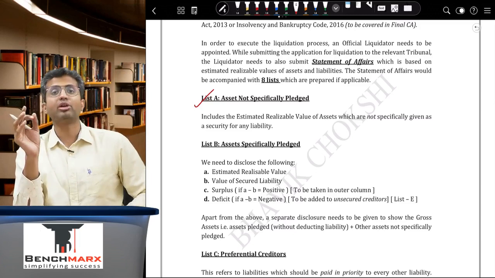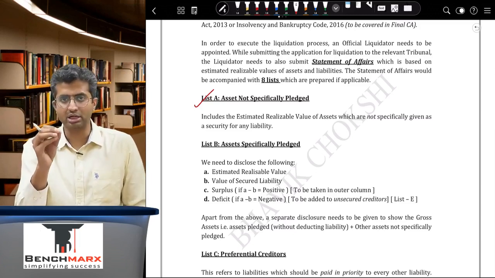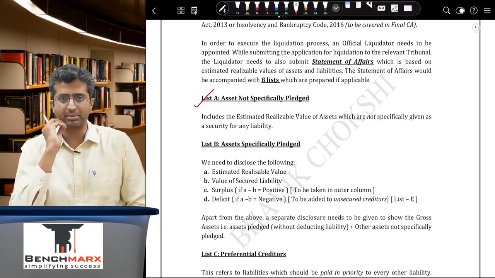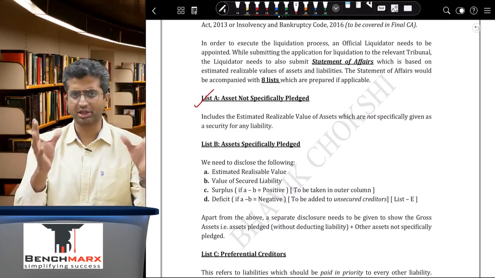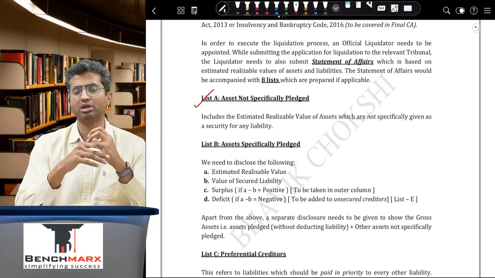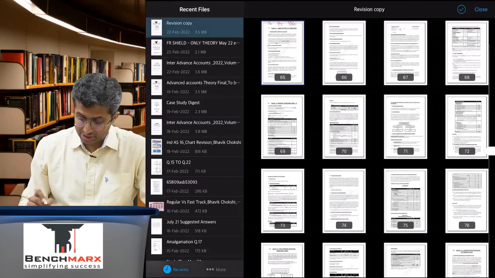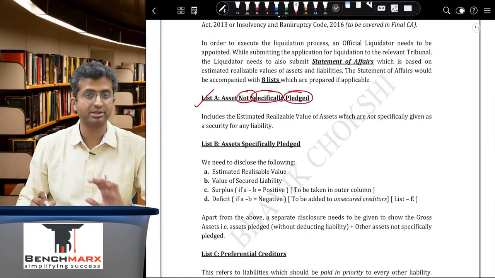So in the event of a liquidation or recovery, these lenders can actually sell the land and building for the purpose of repayment of that loan. So this is not available for the other creditors of the company. It is primarily for the secured lender. Over here, you will cover the realizable value for assets which are not specifically pledged.